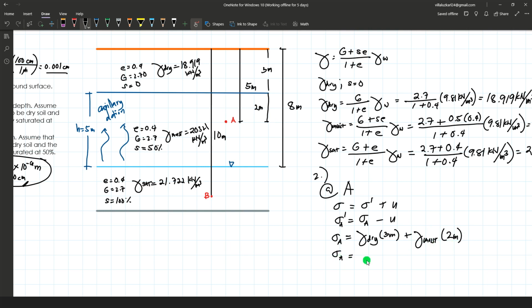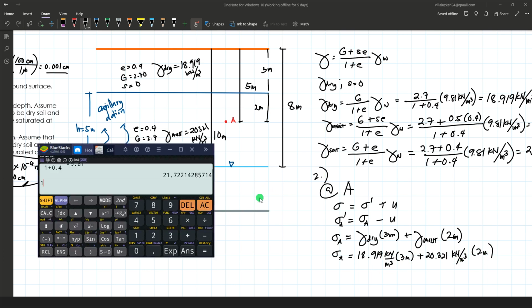That's how you solve the total stress. So 18.919 kilonewtons per cubic meter times 3 meters plus the moist 20.321 kilonewtons per cubic meter multiplied by 2 meters.